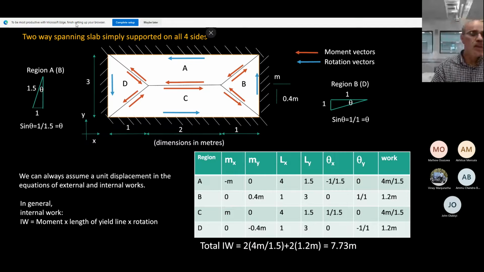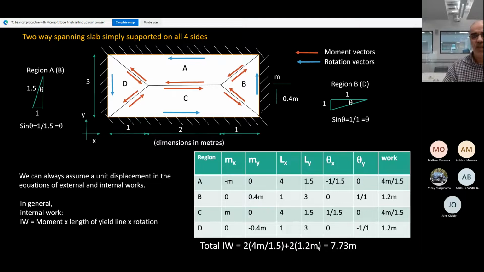The other thing we need to do is, the best thing is actually to draw a table. I'm going to use the table to give me the internal work for each of the 4 regions. We have 4 regions. So what you do, you create a table.